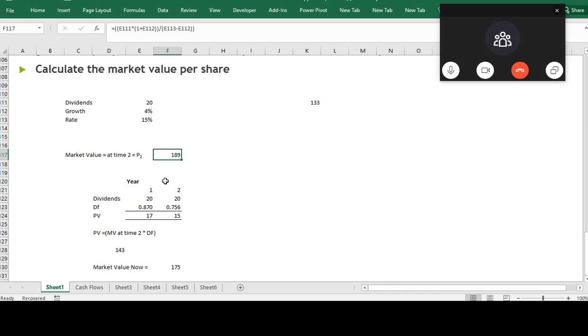Another thing, if we are not given the growth, it was assumed that there will be no growth rate. It will remain as is. The market value of the share was going to be 133.